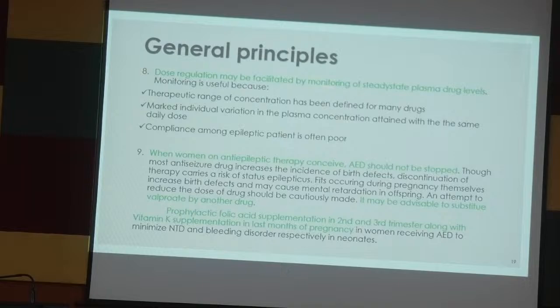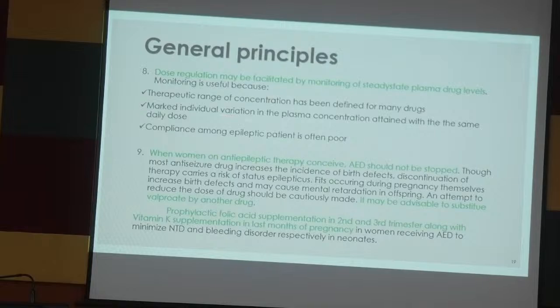Dose regulation may be facilitated by monitoring of steady state plasma drug level. Basically, most anti-epileptic drugs show drug interactions, and that is why therapeutic drug monitoring is very important. Why? Because the therapeutic range of concentration has been studied for many anti-epileptic drugs.